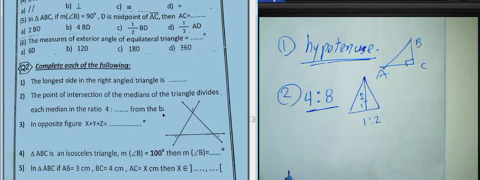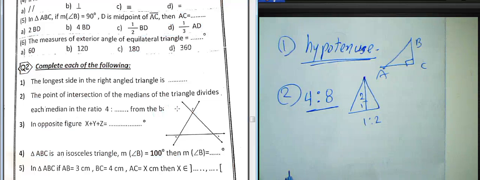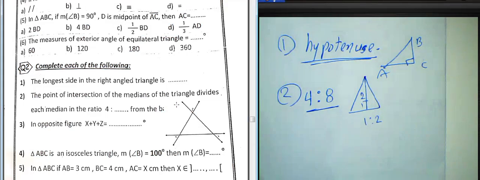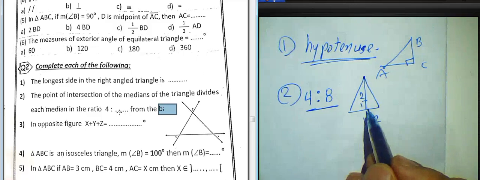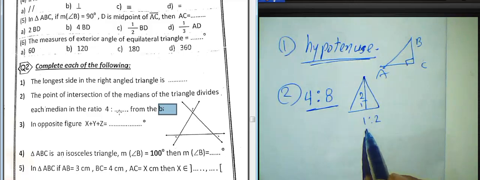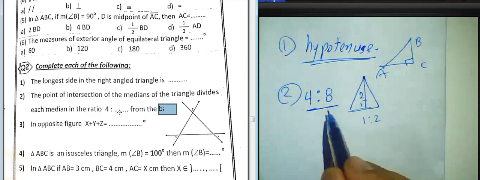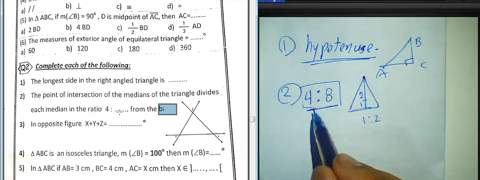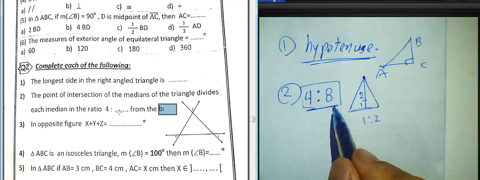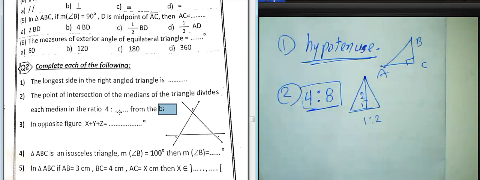This word is base. We know the ratio from the base will be 1 to 2. But in this example he wrote 4 from the base, so we must write 8, because 4 is half of 8. The ratio will be 1 to 2 from the base to the vertex, so 4 to 8.